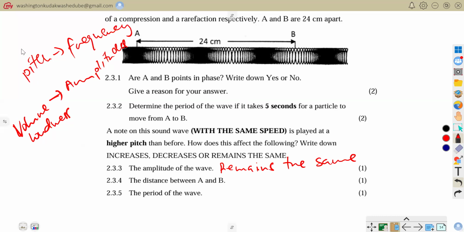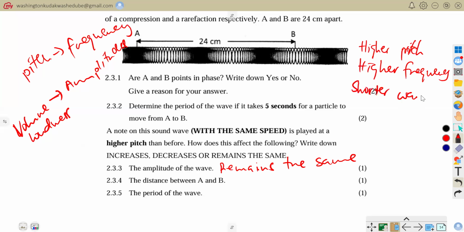Remember, we said a higher pitch will have a higher frequency, and a higher frequency will have a shorter wavelength, which is a shorter distance moved between two compressions. So the distance here has to be shorter when we are using a higher pitch.